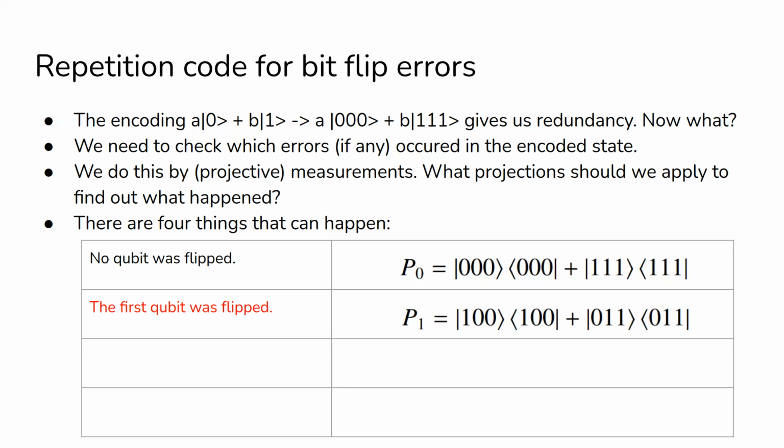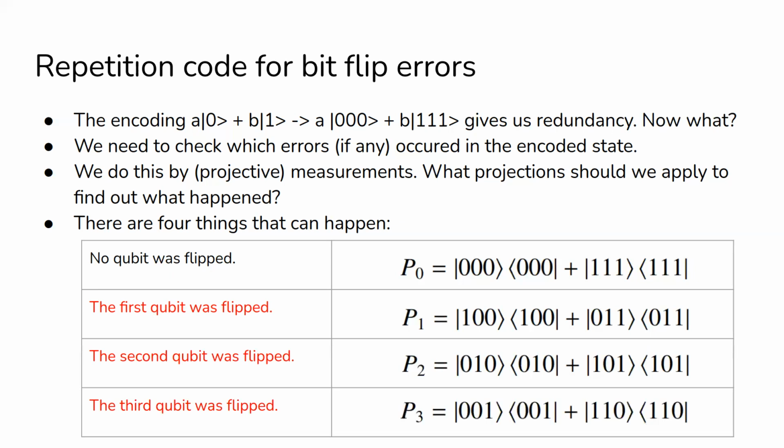So if we do that, the piece of information we get is which projective measurement evaluates to one. Let me say it a different way. I'll skip through it and say we would go through and measure all of these. We would measure P0 through P3. And I'll explain how to do this in a few slides.